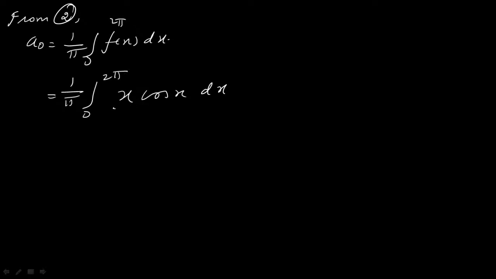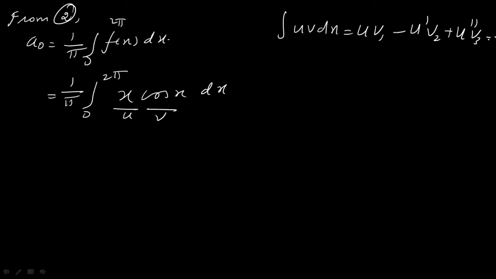So here you take x as u and cos x as v. You know already integral uv dx is equal to u v1 minus u dash v2 plus u double dash v3 minus etc. So here first take x as u and cos x as v.